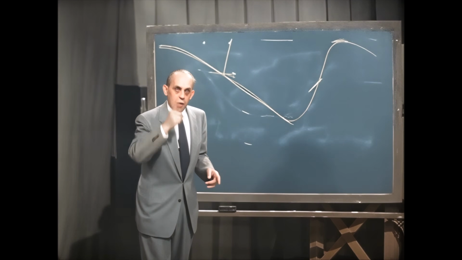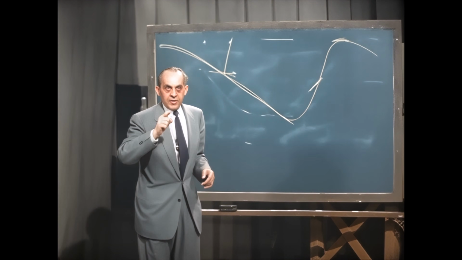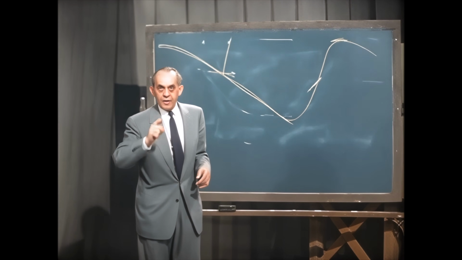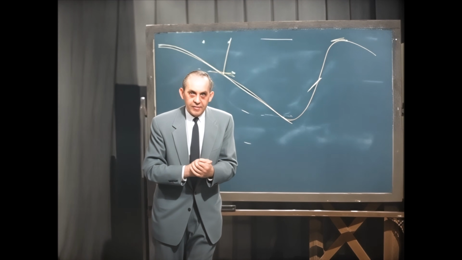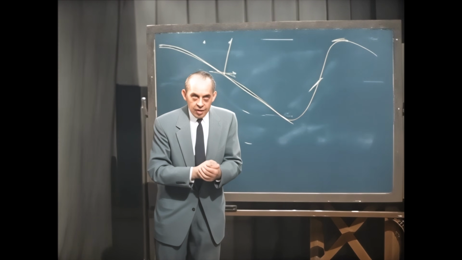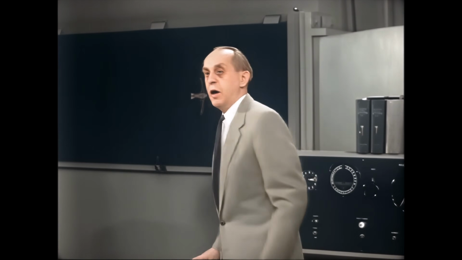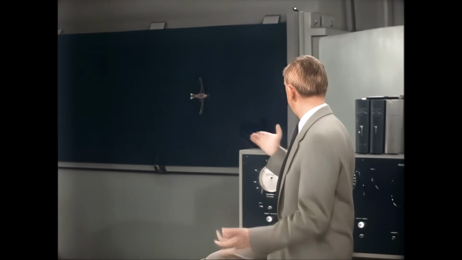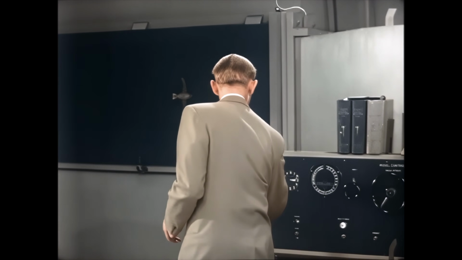This method of rotating the wing we see on all flying animals, as well on the insects as on the birds. We have here a small model of a, well, bird, or what you might call it, in this tunnel.